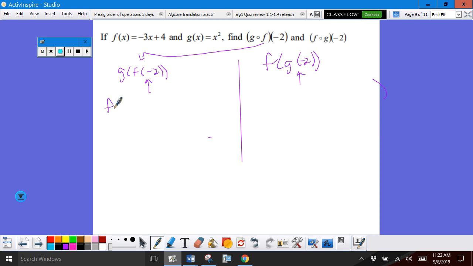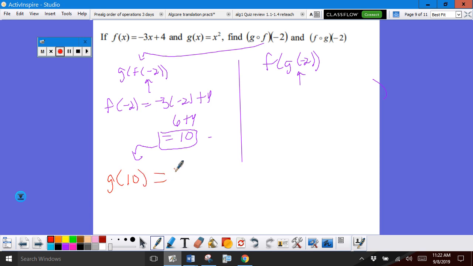So I'm starting with f of -2. -3 times -2 plus 4. 6 plus 4 gives me 10. So that is the answer that I'm going to use as I move into the g. So g of 10, that's 10 squared, that is 100. So g of f of, where did I start? I started with -2, that equals 100.